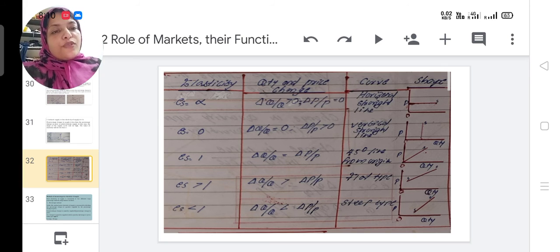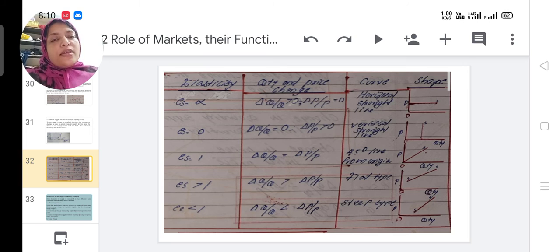In the case of unitary, that is 1, the percentage change in supply is equal to the percentage change in price. In the case of high elastic, the percentage change in quantity supplied is greater than the percentage change in price. In the last case, the percentage change in quantity supplied is less than the percentage change in price. Okay, these are the points related to elasticity of supply.